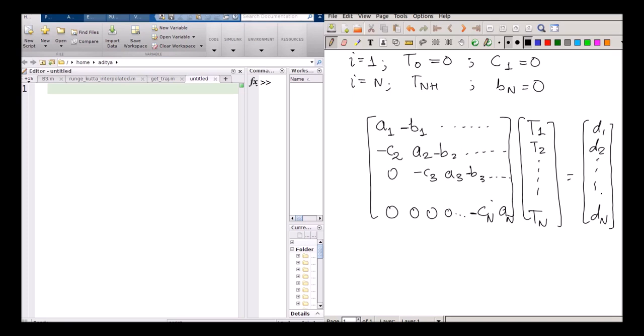So the crux of the problem of the tridiagonal matrix algorithm is that we must cast the tri-banded equation, the tridiagonal equation, in the form of this particular matrix. Rather, let me not put alphabets over here.